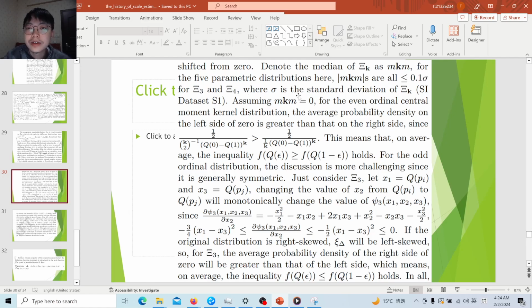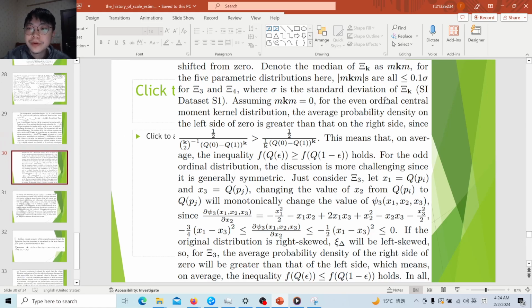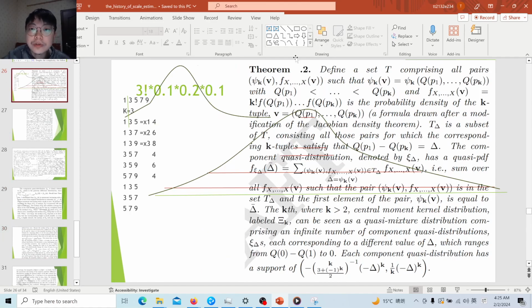If we assume the median of the central moment kernel is equal to 0, then for an even-order central moment kernel distribution, the average probability density on the left side of 0 is much greater than on the right side, because the support interval determines this. For odd order it is symmetric, but for even order it becomes a highly skewed case, just like this.